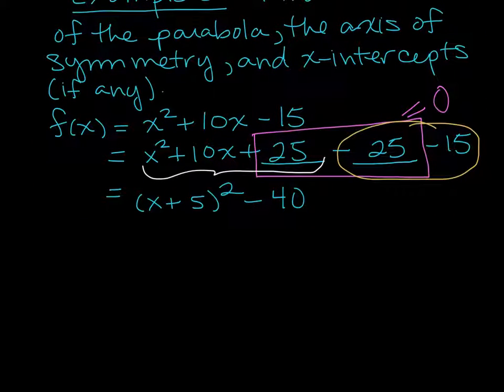And now we can answer our questions. So where is the vertex of this parabola? The vertex is located at -5, -40.